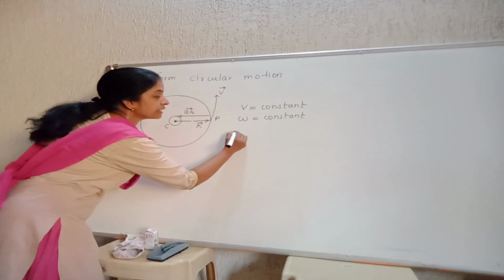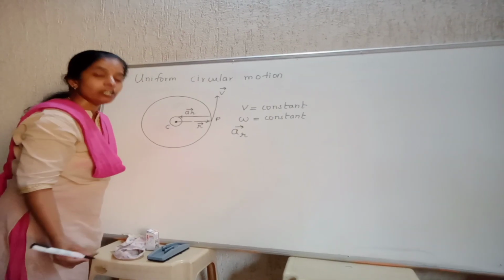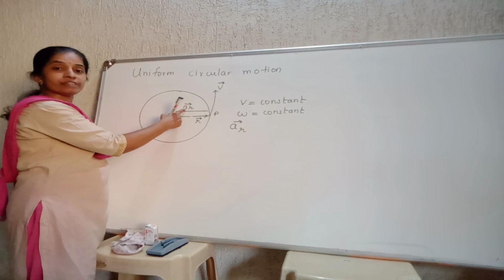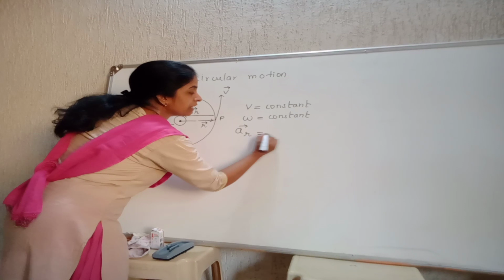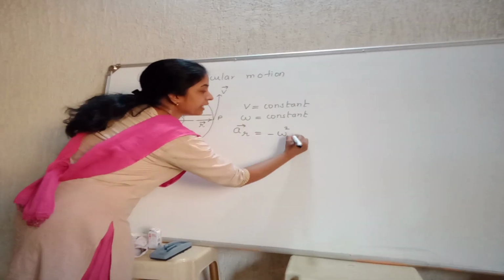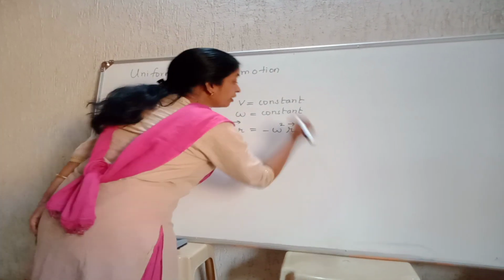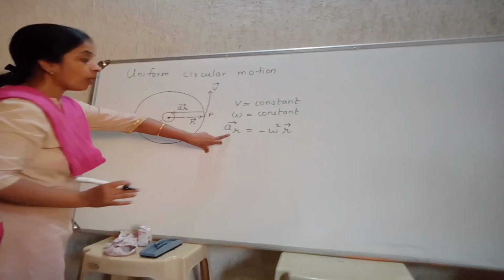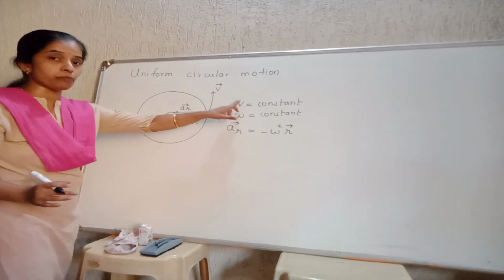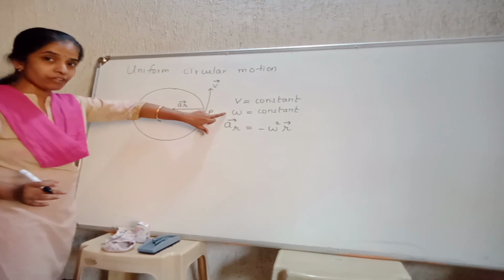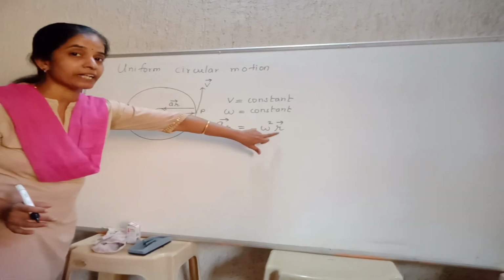Last year you learned that in circular motion, a typical acceleration comes into play, which is called radial or centripetal acceleration. What is the formula, students? It is minus omega square r. In circular motion, speed is constant, angular velocity is constant, and radial acceleration is given by minus omega square r.